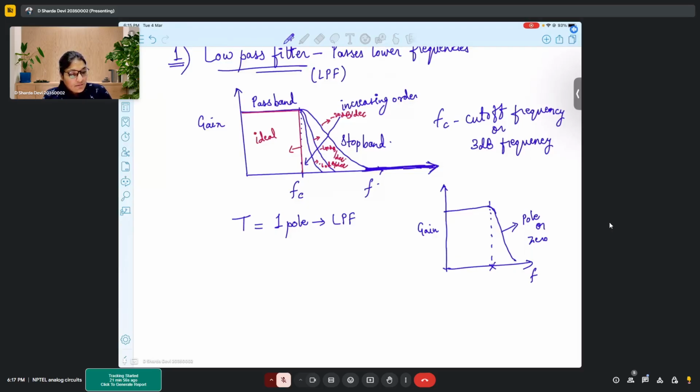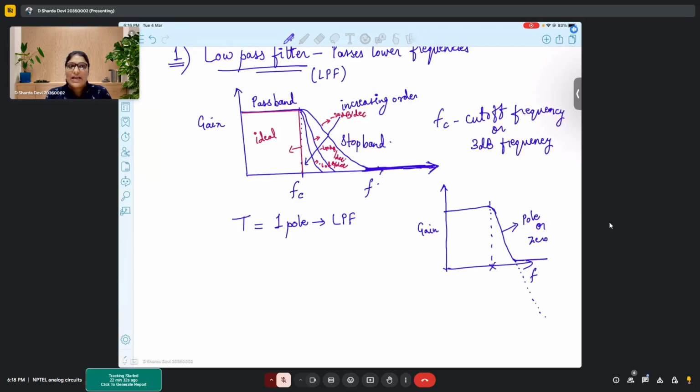We can also have a zero after the pole just to stop the fall. If I don't have a zero, my transfer function or the gain will start to reduce continuously, right? It will go down infinitely. But since those frequency ranges are not of my concern, I need not care about it. So I can design a low pass filter using a single pole.